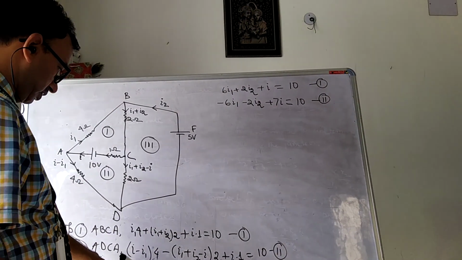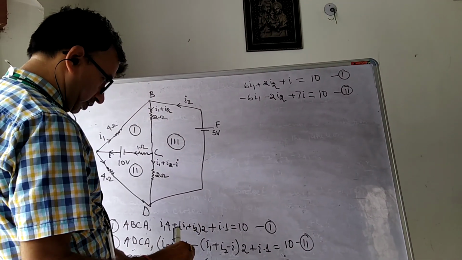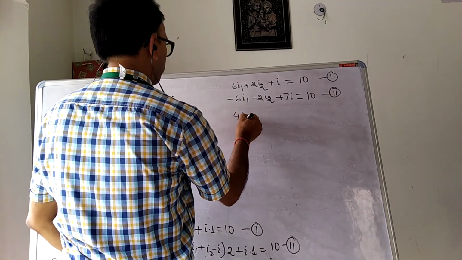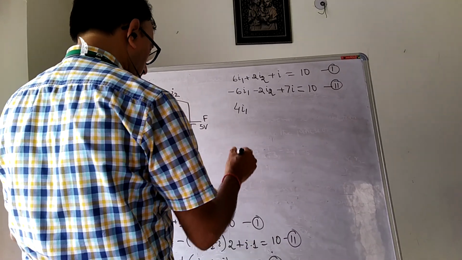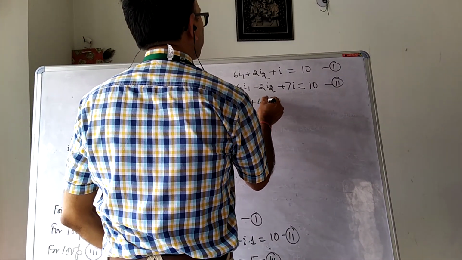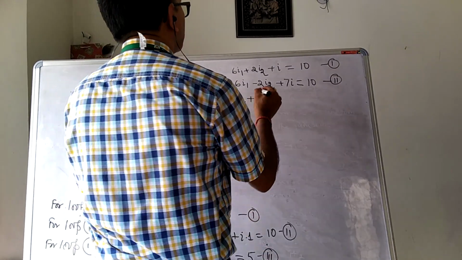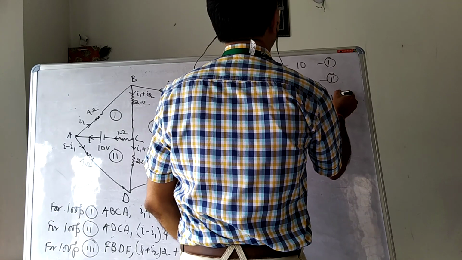Number 3, how many I1? 2I1 plus 2I1, 4I1. How many I2? 2I2 plus 2I2, 4I2, minus 2I equals 5, equation 3.